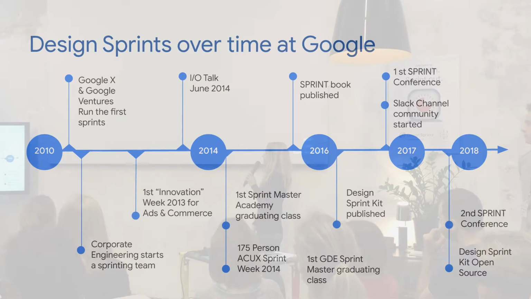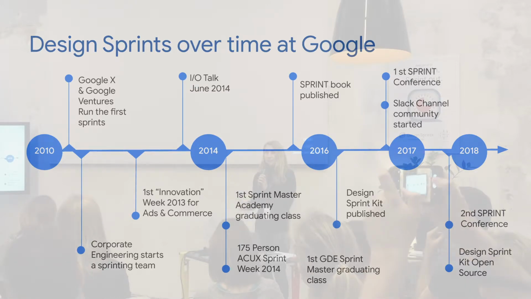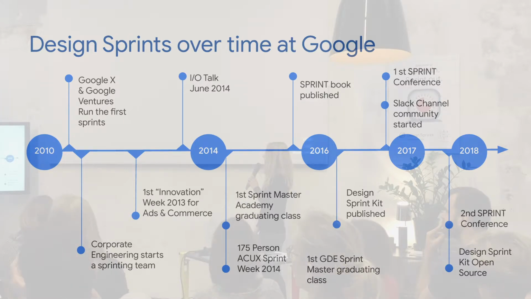And in Google X, Tom was trying to get enough data quickly to make a decision on these products that he was prototyping very, very fast. At the same time, more or less in the next couple of years, we had an internal corporate engineering team that started using design sprints in their own way. And I'm going to talk through these different orgs.